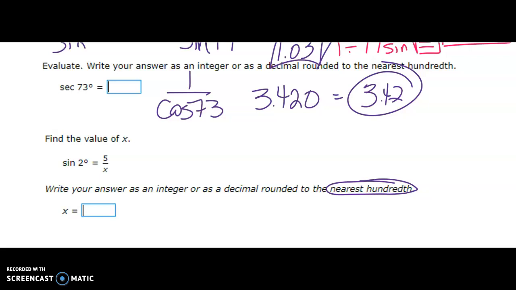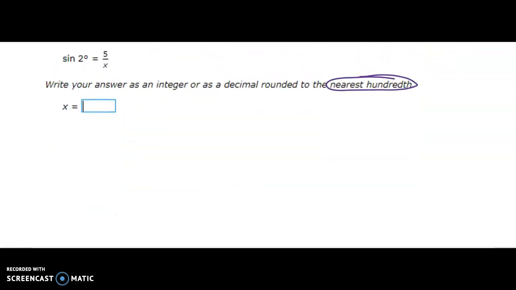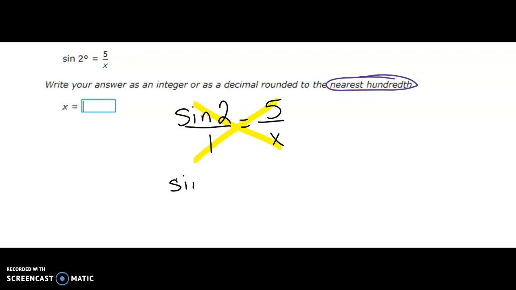So this is what we're going to do. We're going to put sine 2 over 1 to make it a fraction, because 5 over x is a fraction. We're going to cross multiply, and sine 2 times x is just sine 2 times x, and 1 times 5 is 5. To get x by itself, we're going to divide by sine 2.